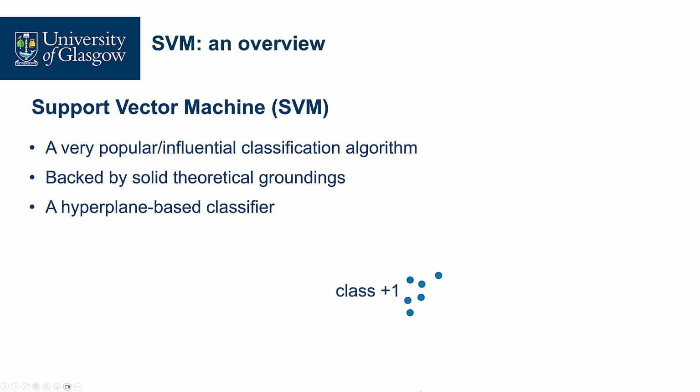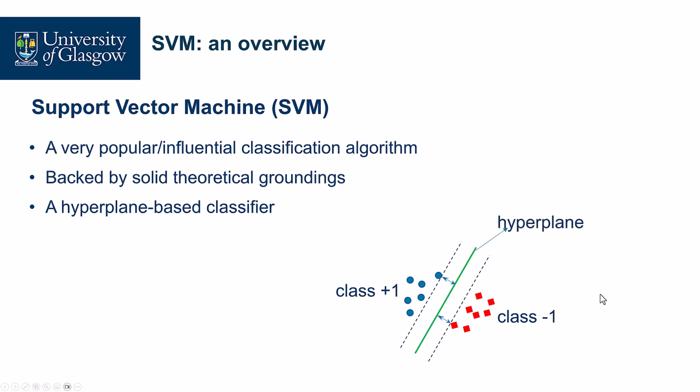So let's see, there is a class positive 1, and here is a class minus 1. Then we have a line here to separate the 2 classes, right? And we can see we also have 2 dashed lines. You can see this one just has a point here, right? These 3 lines are very important in SVM. The green line, we call it the hyperplane.